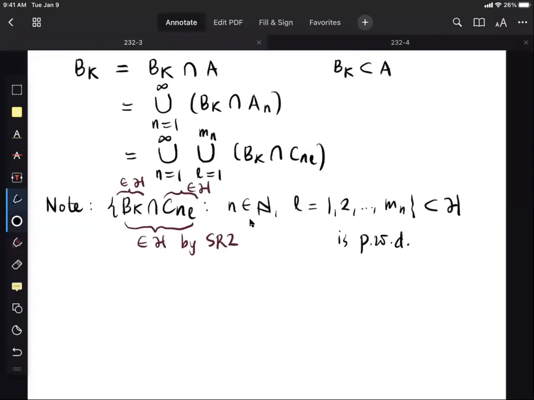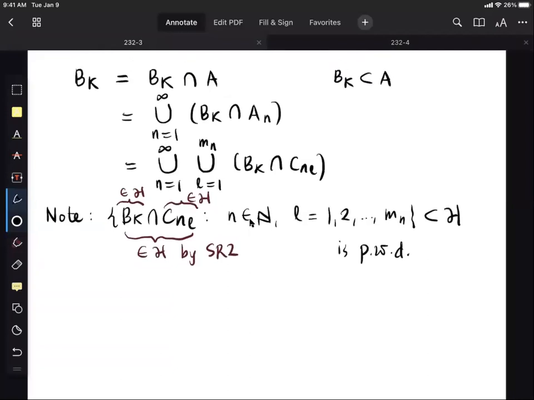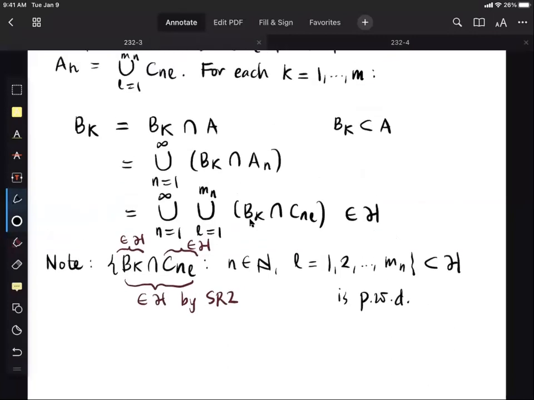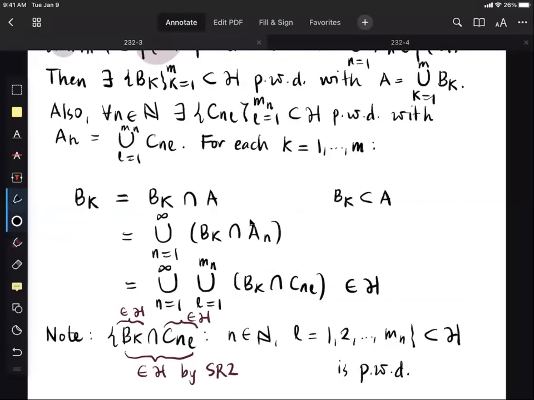So in this case, take note that this is an element of H. Why? Because this expression here is the same as B sub k, and B sub k is in H, according to this assumption here.